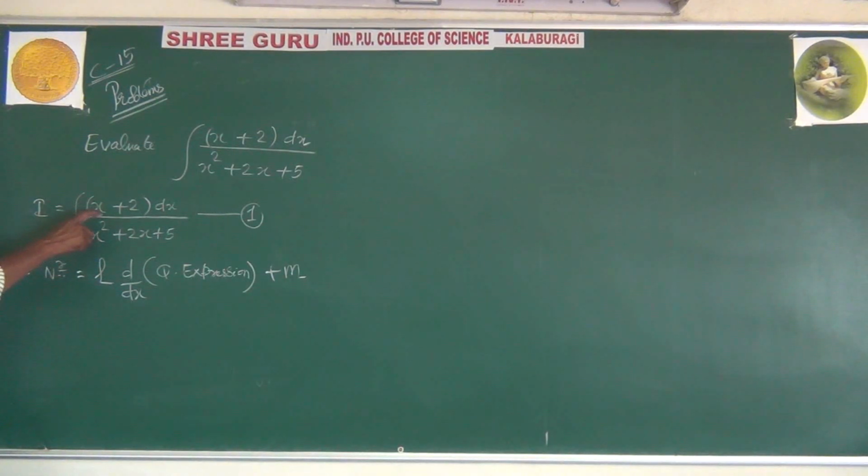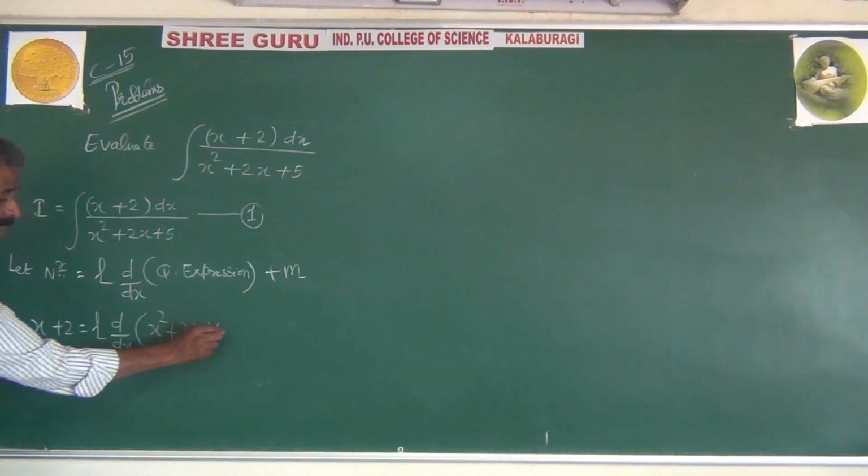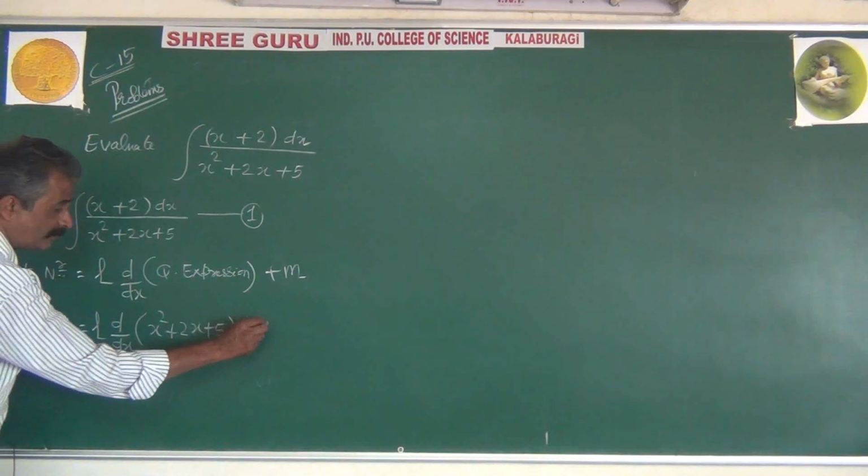Here what is the numerator? x plus 2. L into the derivative of the quadratic expression x square plus 2x plus 5, plus constant m.